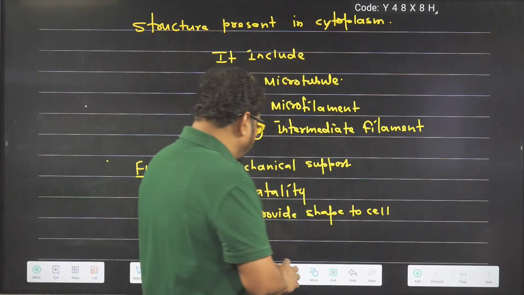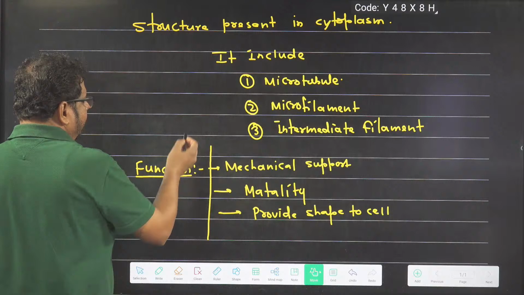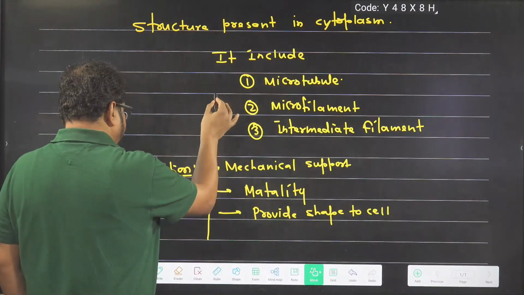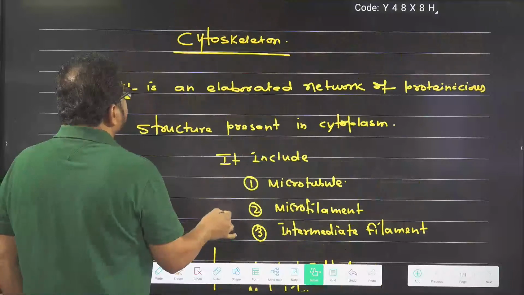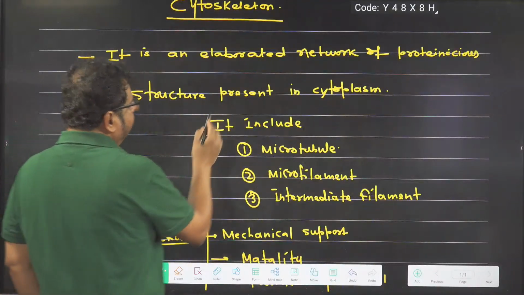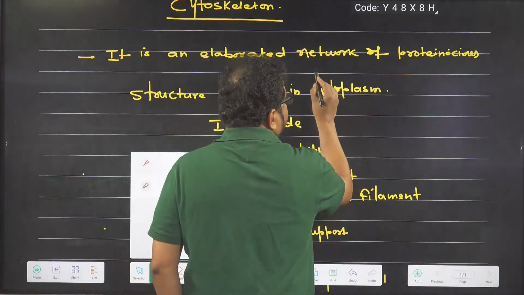Okay. So what I am going to say, once again I am giving you a brief review about the cytoskeleton. I will tell in detail about it also somehow. So cytoskeleton I wrote, what is this? It is an elaborated network of proteinaceous structure.